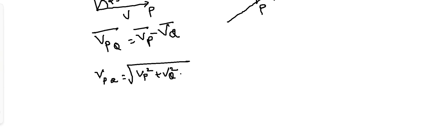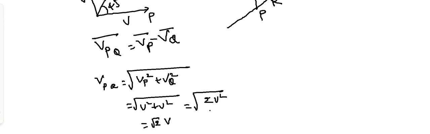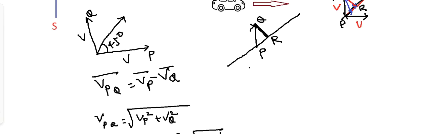Cos 90 term is 0, no need. That means root V square plus V square, which is equal to root 2 V square, or nothing but root 2V. The relative velocity of P with respect to Q is root 2V along the direction. So what is the direction along which it is moving? It appears to be moving along this direction. So in this figure, since this is 45, this is also 45 degrees.